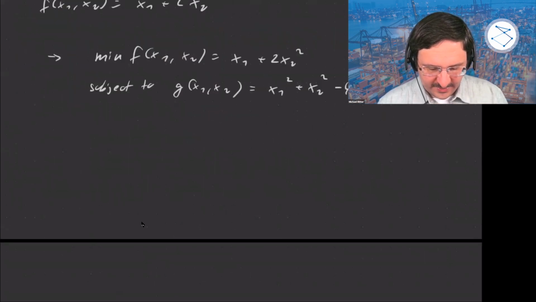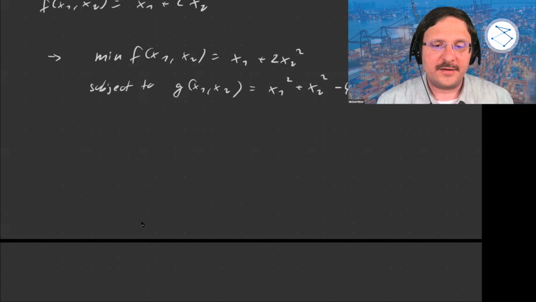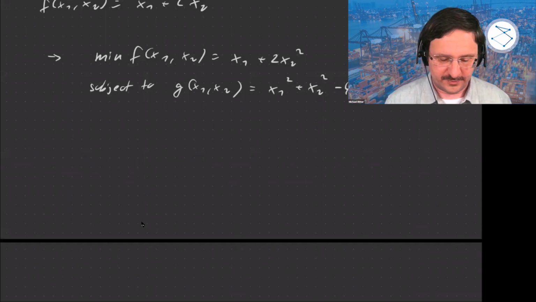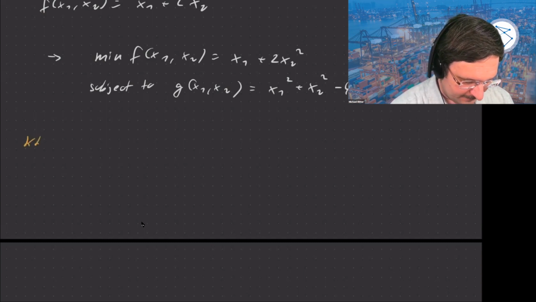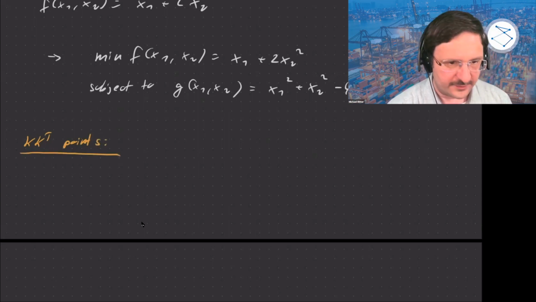And now again, we want to find KKT points to have candidates for possible minimizers of the system. And again, we need to write down the KKT conditions for that.